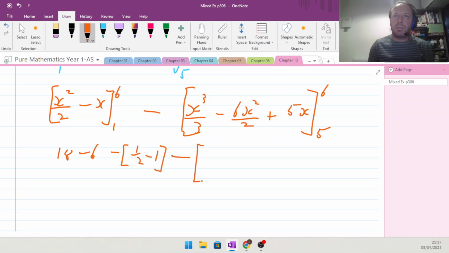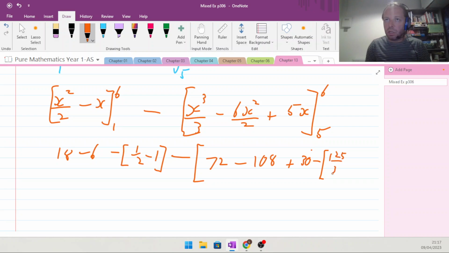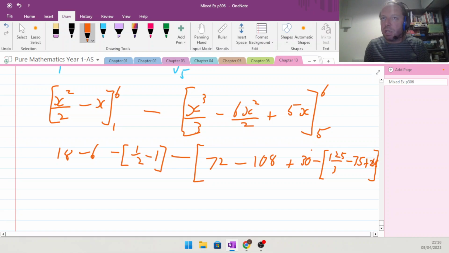Taking away, it's going to be 6 cubed. 6 cubed is 216 divided by 3 is 72. 72 minus 6 squared times 6, 216 again divided by 2 this time, so 108, plus 30 minus 5 cubed, 125 divided by 3, is 125 over 3 minus 5 squared, 25 times 6, 150 divided by 2 is 75, and 5 times 5 plus 25. Make sure you don't lose that.